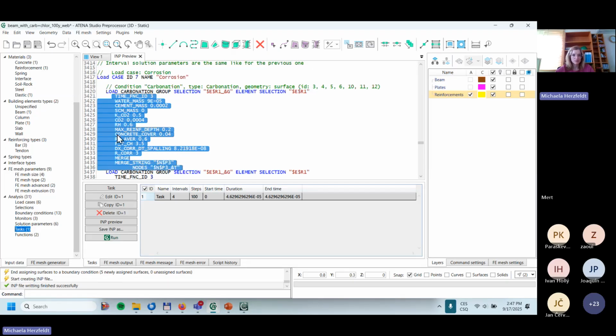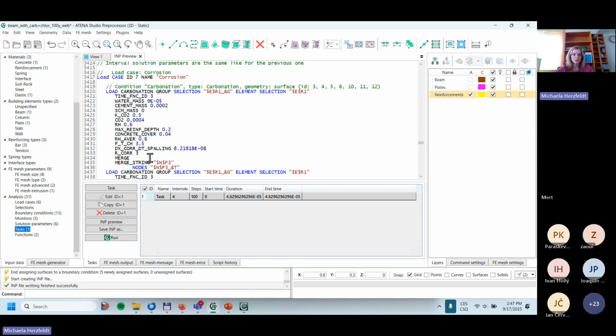And this is exactly how those parameters are written in the ATENA manual for the ATENA input file. So this is something you can double check if you are not certain what a parameter means. You can check how it's written in the INP file and in the ATENA manual of the INP file.